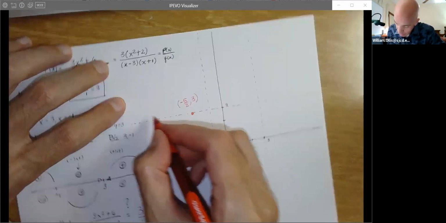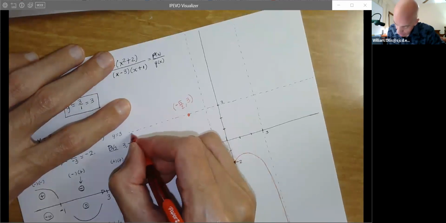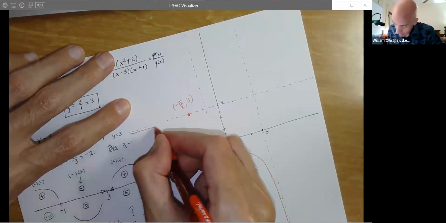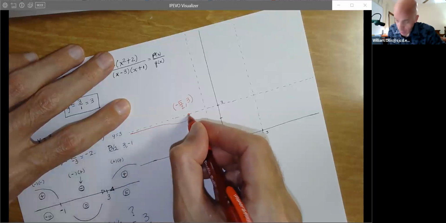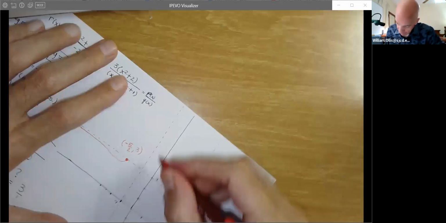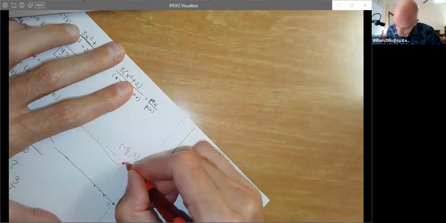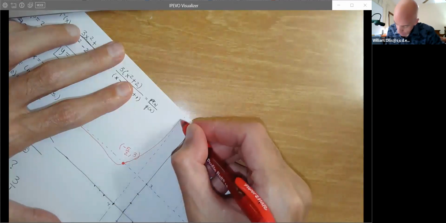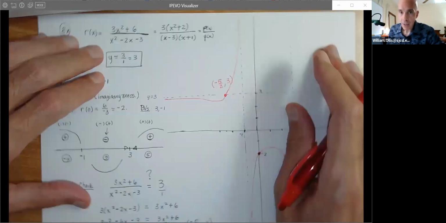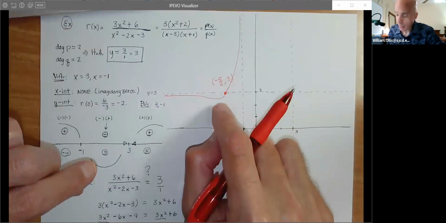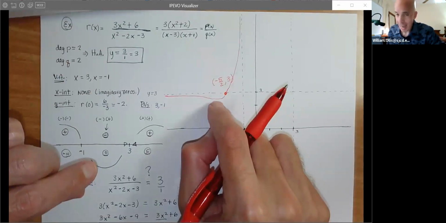So it's got the hug here. This is where we have to kind of guesstimate hug, maybe droop down a little bit and come through, and then off to positive infinity.